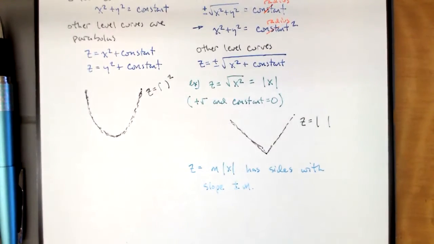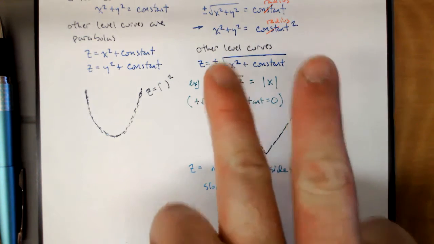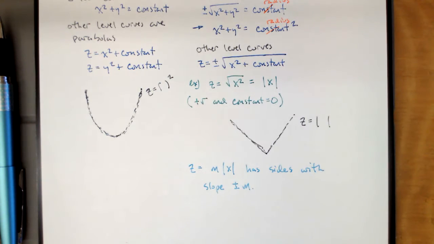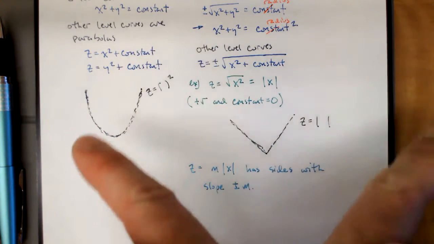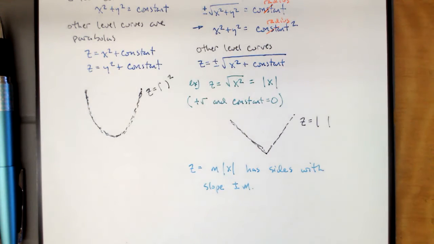If we have z equals m times the absolute value of x, we'll have sides with a slope of plus or minus m. So the coefficients of x and y are going to determine the slopes in any particular direction of our cone. If we want our cone to be narrower, we would increase the coefficient of the absolute value of x. If we want our cone to be flatter, we would decrease the slope.